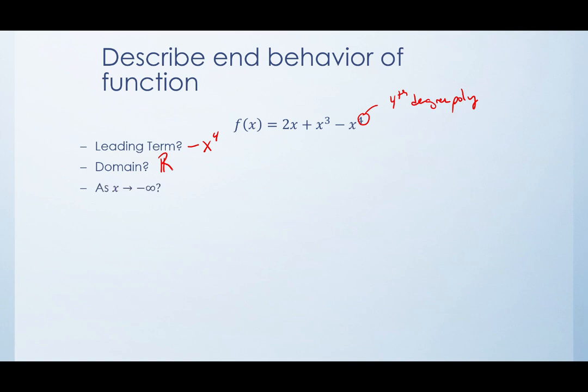For our long run behavior, even power functions are basically going to look like some version of a parabola. Both ends are going to go in the same direction, but this one has a negative leading coefficient, which is going to cause a reflection over the x-axis.